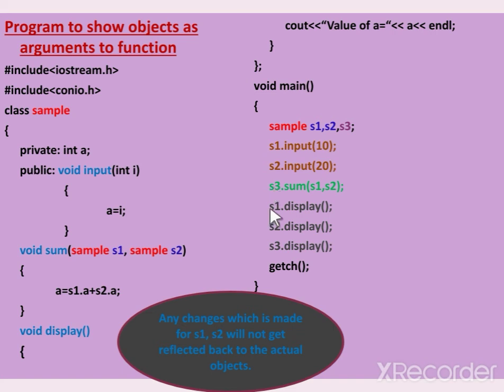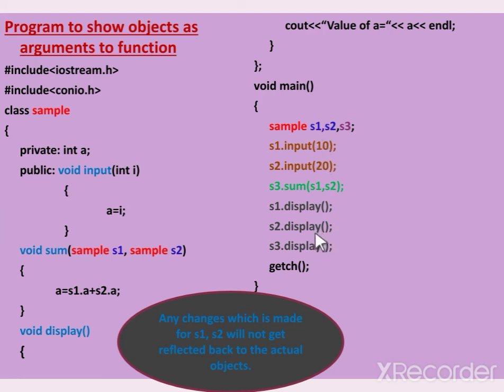Next we need to output this. So S1 dot display, the function for output of the first object S1. Control goes to the display function here. In S1 the value of A is now 10.